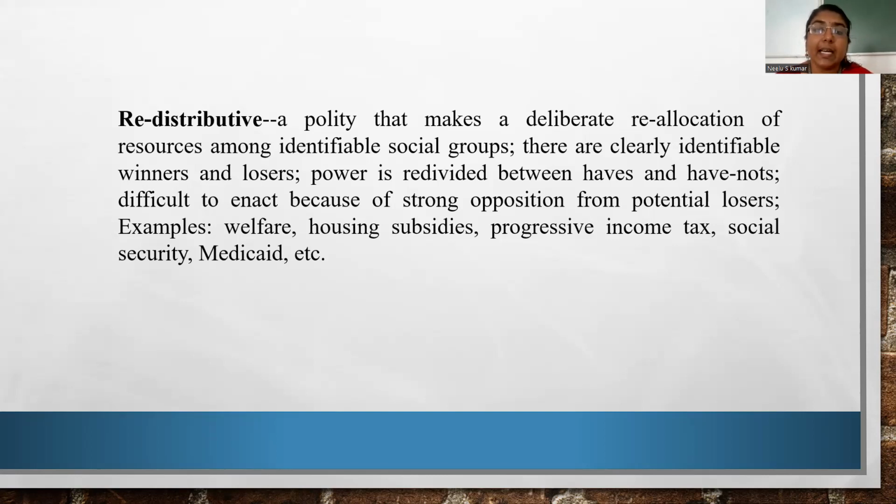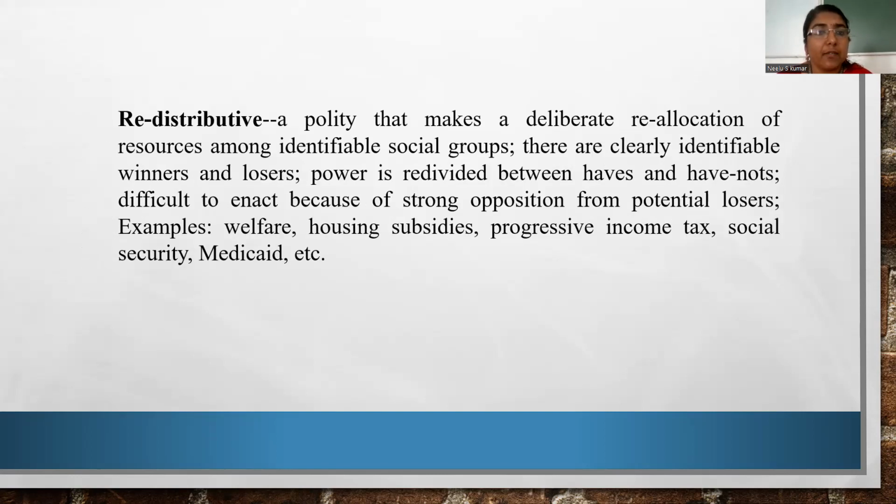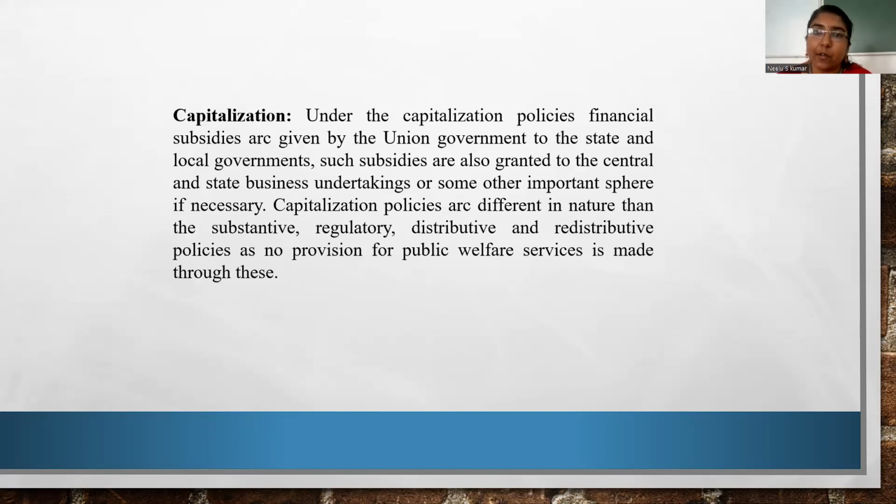So there is a clear distinction of winners and losers in the redistributive public policies. But in the distributive public policy, this division will not be there. Even though the agriculture sector is getting benefit through agriculture subsidies, the business sector will not have any loss. But in redistributive public policies, there is clearly a winner and a loser.